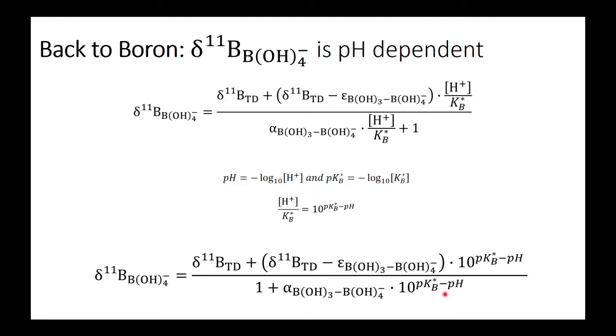We knew the fractionation factor between the two species. We knew that the relative proportions of those species were dependent on pH. That means that the isotope ratio of each of the species will change as the proportions change. And then we've just rearranged that equation.